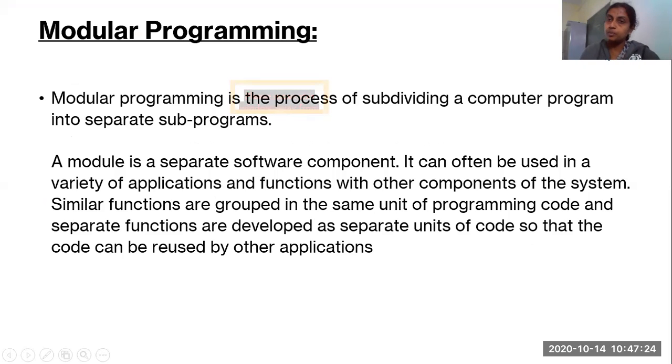Instead of having a big program and trying to correct errors, find mistakes and make changes, which is very difficult, I can write small programs. So whichever program has a mistake, I only need to look at that one, no need to touch the entire program. If I divide a bigger program into small parts and execute, I will be able to write a better program. That kind of programming we call modular programming.